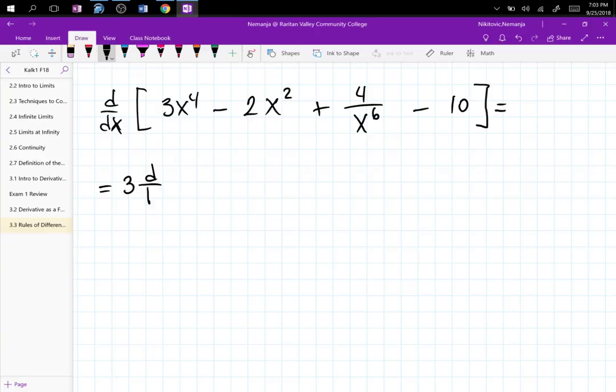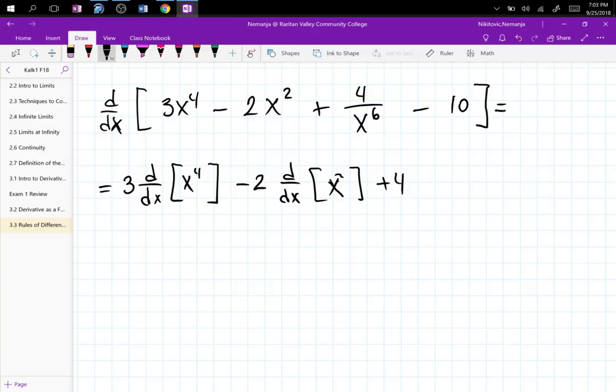3, and then we take the derivative of x to the 4th. Then we have negative 2, kick out. Then the derivative of x squared. Then we kick 4 out. And we take the derivative of x to the negative 6. And finally, we take negative out, and we take the derivative of the constant 10.